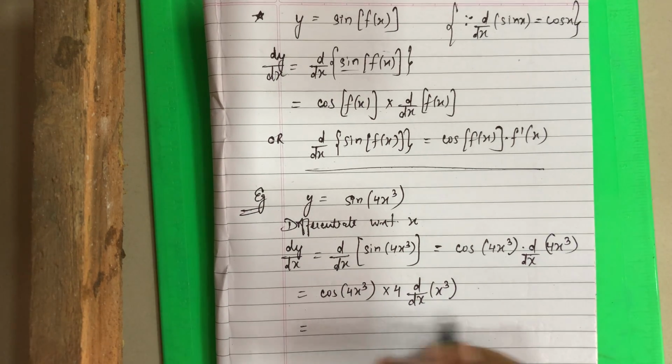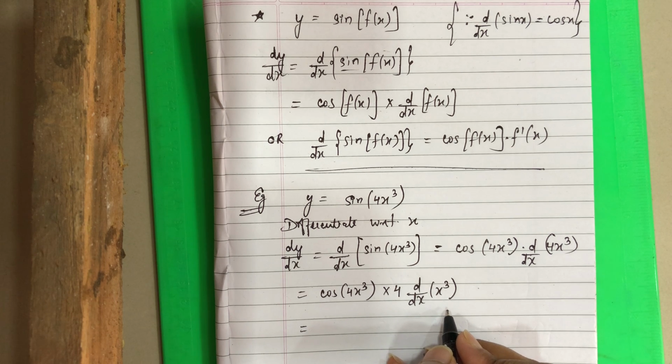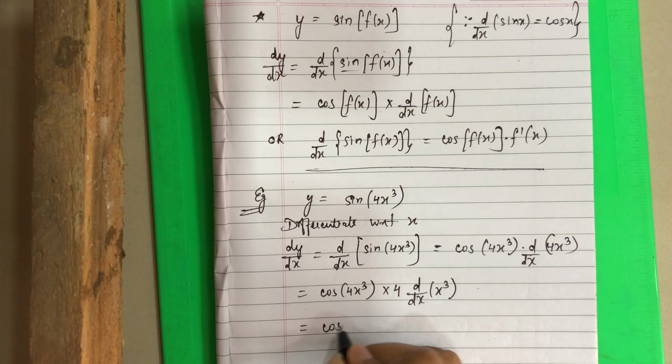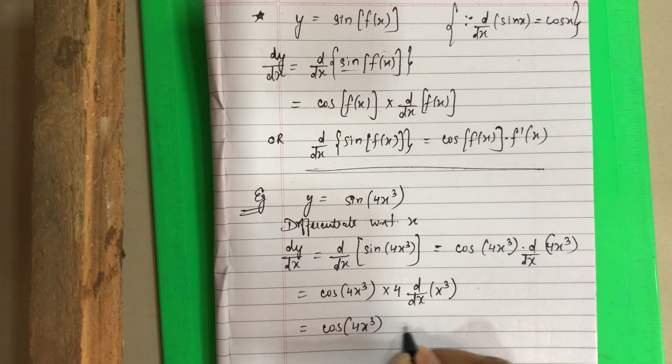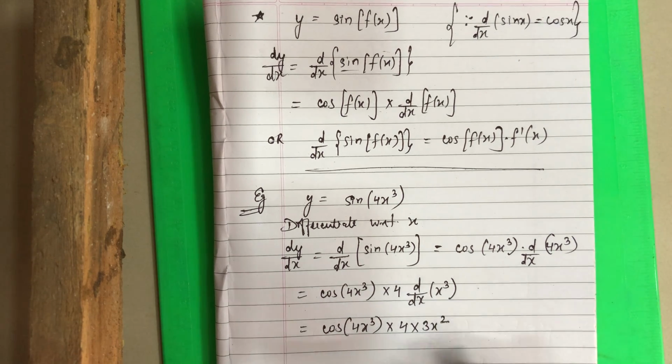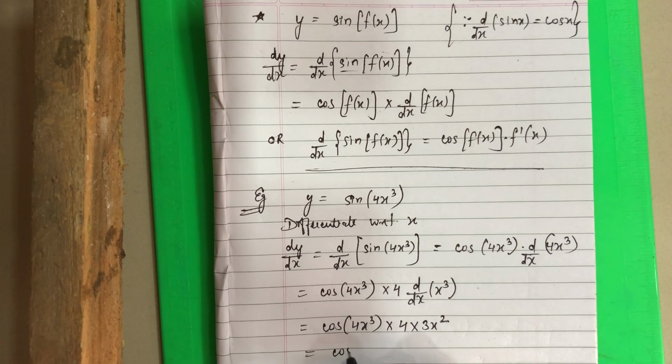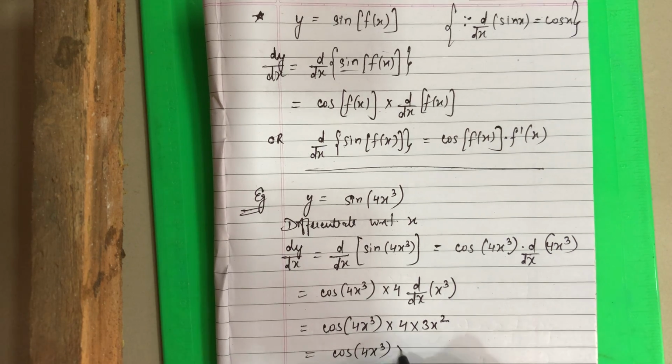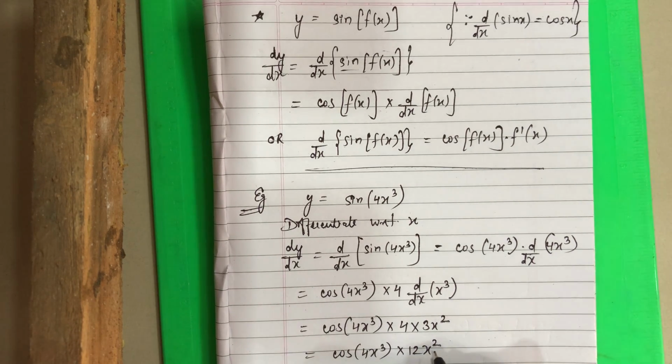So this x cube can be differentiated by using the formula x raised to the power n. So this gives you cos 4x cube into 4 into 3x square. So the final answer is cos 4x cube into 12x square.